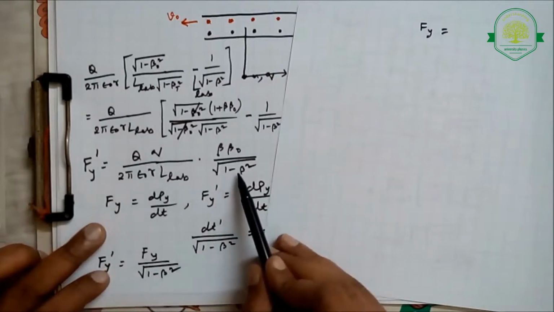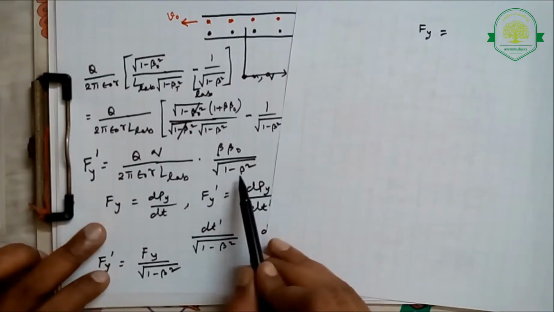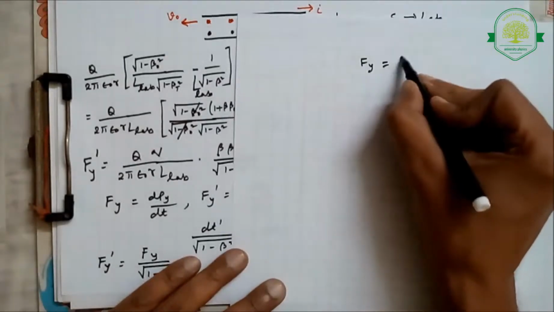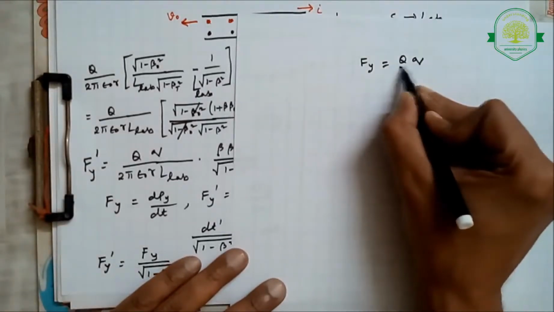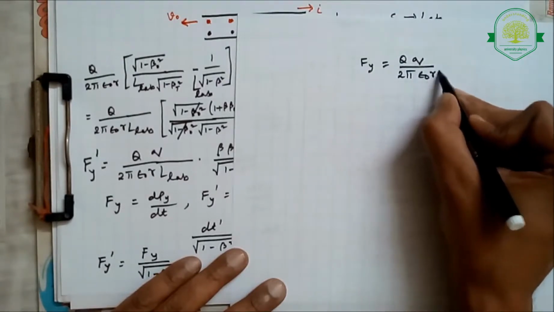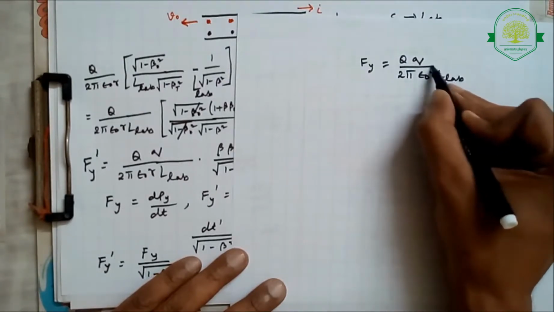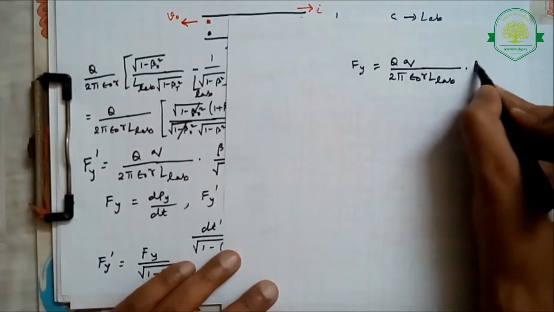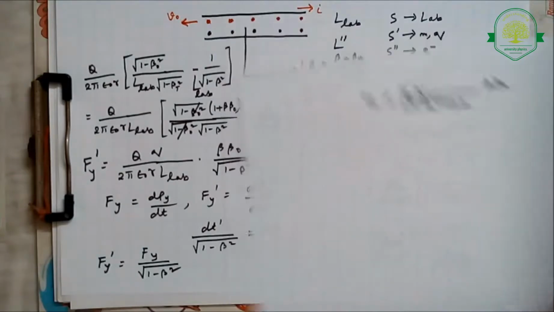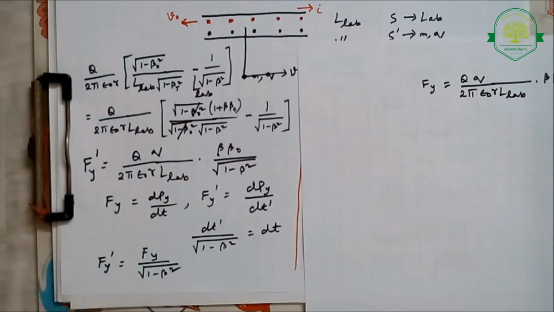So the square root of 1 minus beta squared terms will cancel out, and I'll get Fy equals capital Q small q over 2 pi epsilon 0 r L lab times beta naught. Let's just check. Yeah.